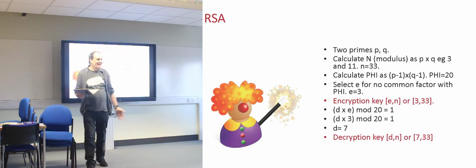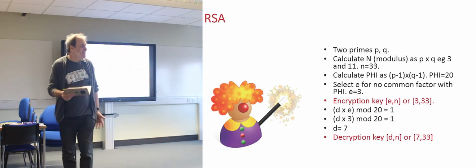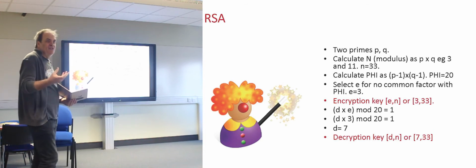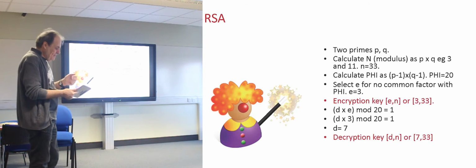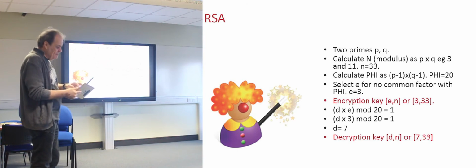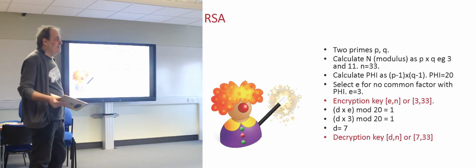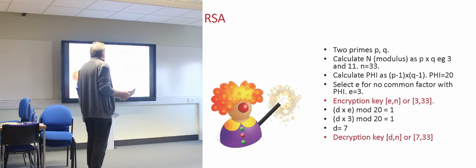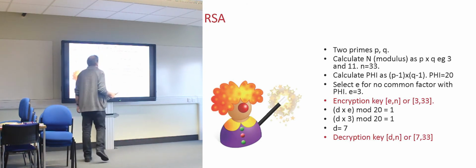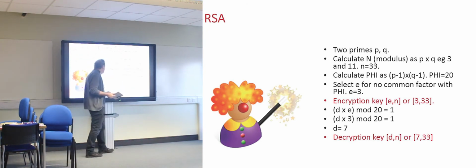I'll pick 3. Okay, 3 isn't a factor of 20. I do a quick check. It's fine. That's okay. I can pick 3. My public key now becomes 3, 33. That's it. Nothing else. The E value and the N value there. Okay, so there's my key.